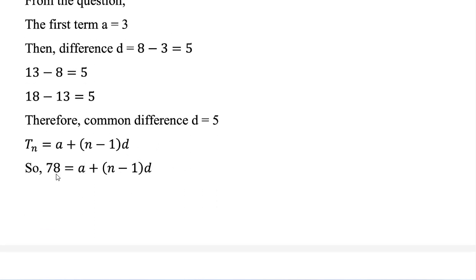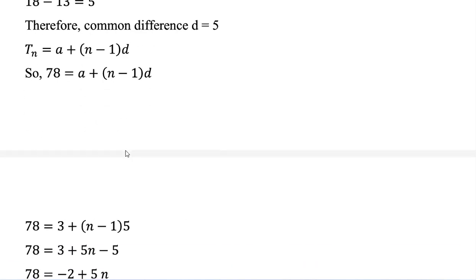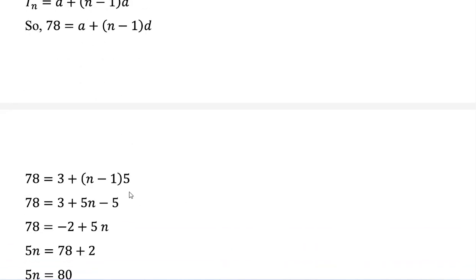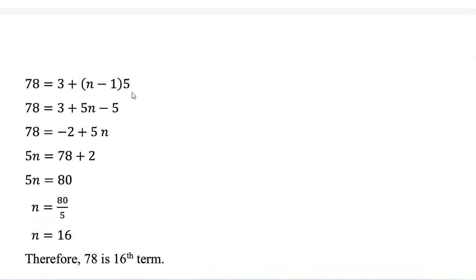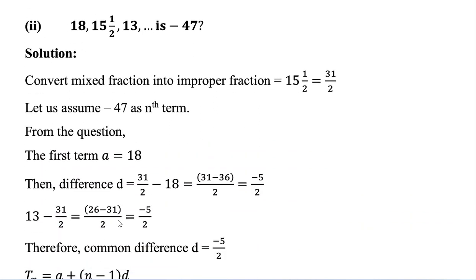So Tn, 78, is equal to A plus (n minus 1) into D. Put the values of A and D. After a little bit of simplification, you will get the value of n, that will be 16. So the 16th term will be 78. Come to the next problem.